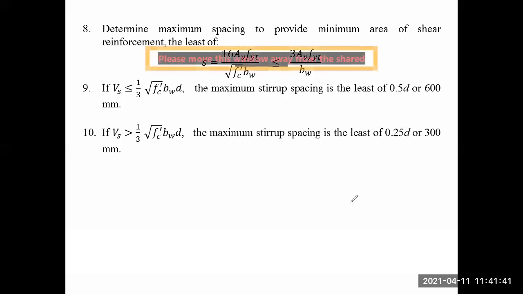I don't think we have enough time for the example because I have given enough for today. So basically, now we are familiar with the formula and how to use it, which zone to design for, which zone not to design for, what kind of checking we need to carry out, and what kind of stirrups we have, how many types.